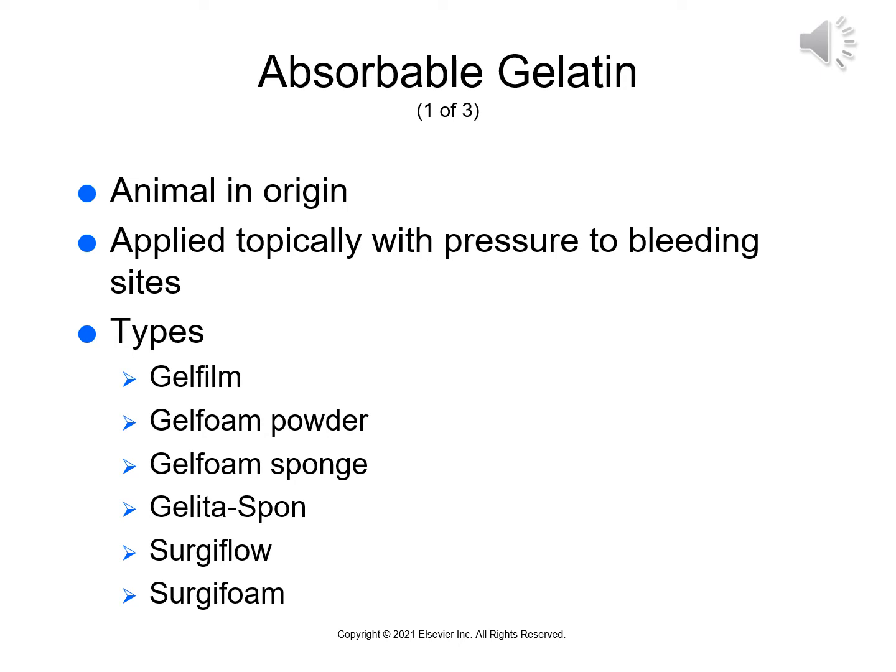Gelatin hemostatics may be used dry or moistened with saline. However, they should not be used in the presence of infection and they should never be placed intravascularly. Examples of gelatin hemostatics include gel foam powder and sponges, Surgifoam, and gelatin sponge.